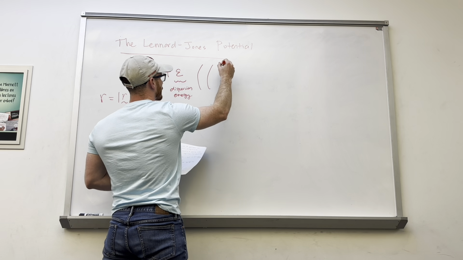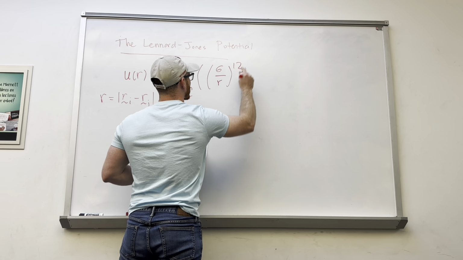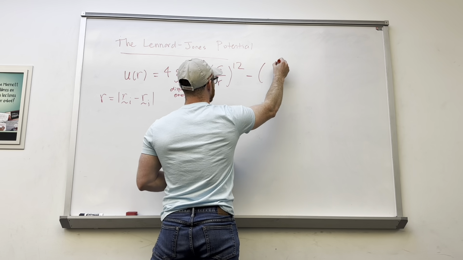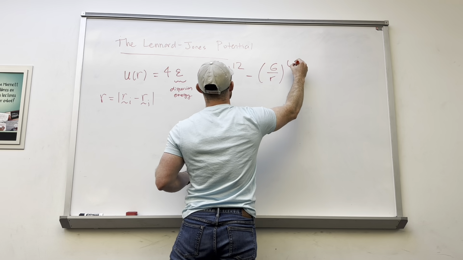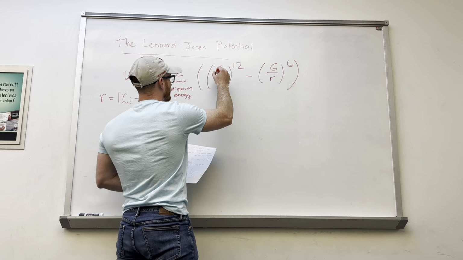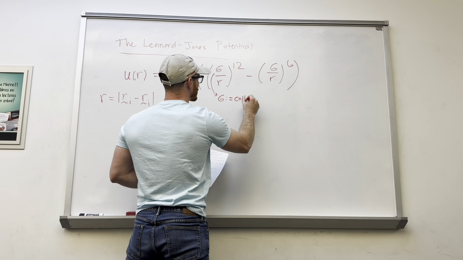Times this interesting set of terms here, this sigma over r to the 12th term minus sigma over r to the 6th term, where sigma is what's known as the collision diameter.